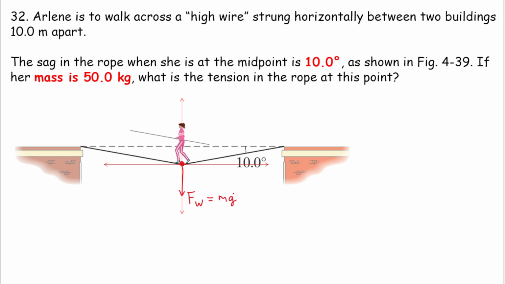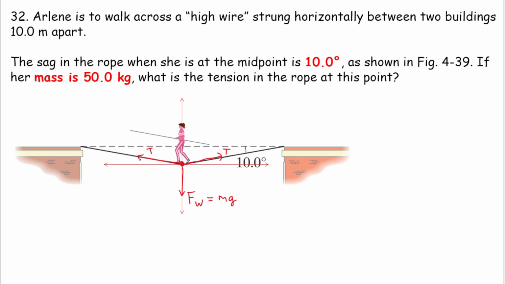Good. And then the tension of the rope, we have two, right? One on the right, let's name this T, and also one to the left. Because they are at the midpoint, they will be the same. So we will have T, T, and we can project both of T into X and Y axis, right?